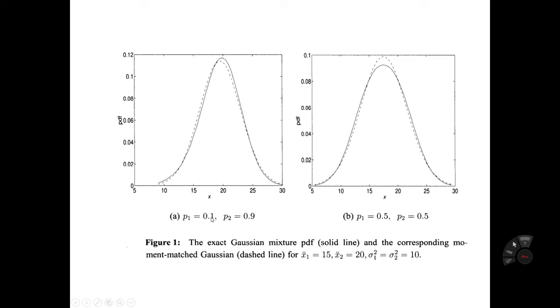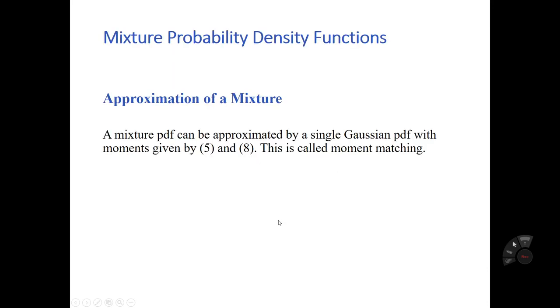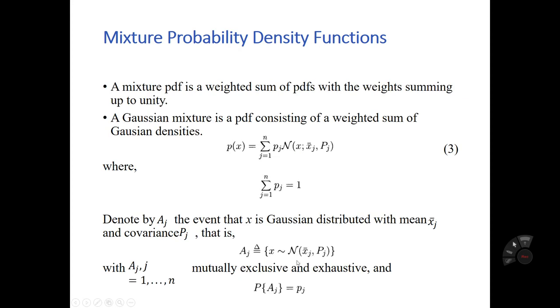This bar is the PDF, and P1 is a probability, the probability of the event j.